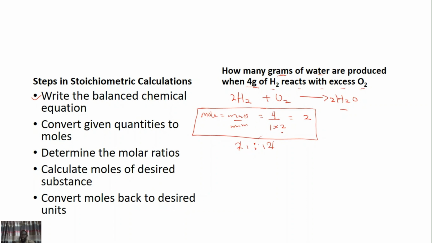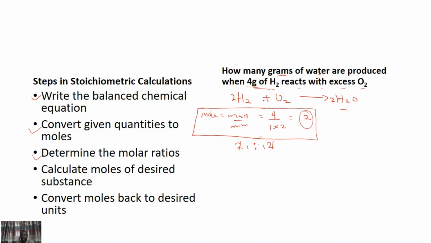So we have calculated that we are given 2 moles of hydrogen. I think we need to be following these steps. We have converted the given quantities to mole. Then we determine the molar ratio.